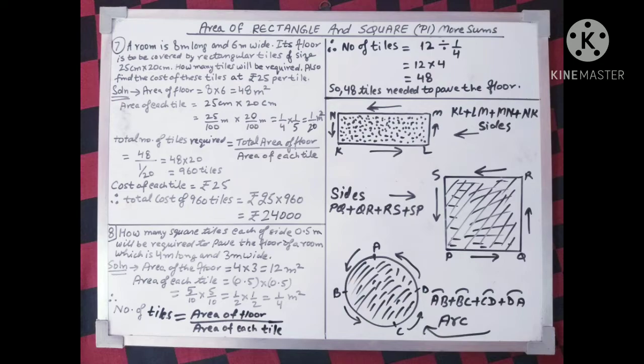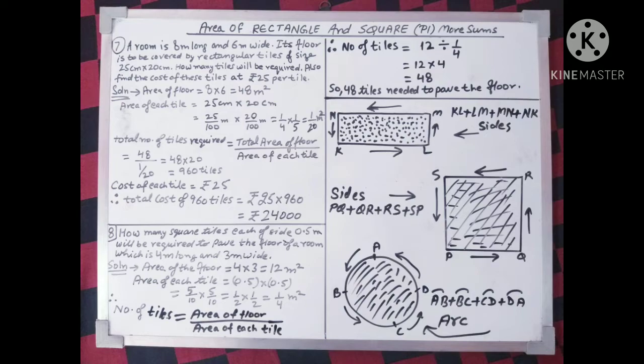Therefore required number of tiles will be total area of the floor divided by area of each tile, that is 12 divided by 1 by 4, which is written as 12 into 4 by 1, which gives us 12 into 4 is equal to 48. Hence 48 tiles will be required to pave this given floor of the room.